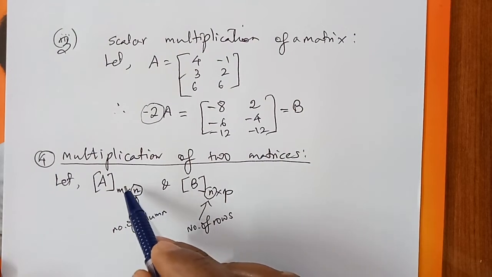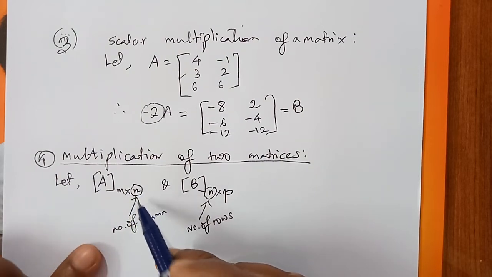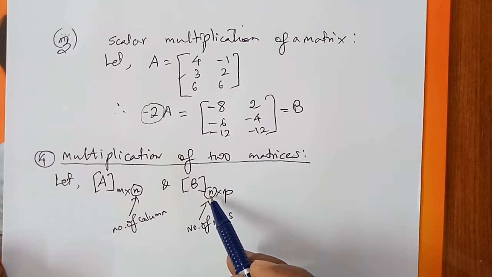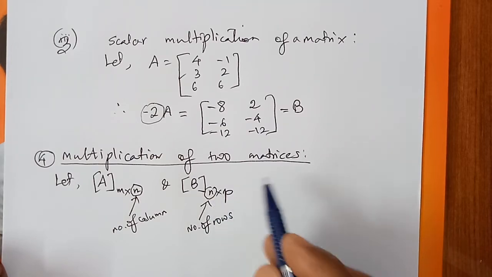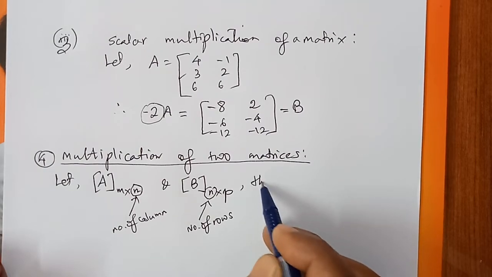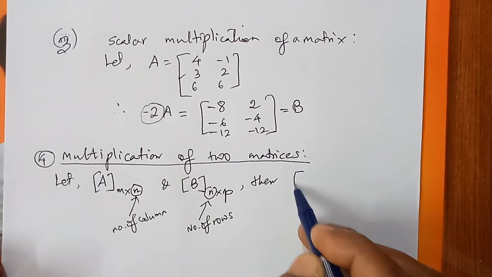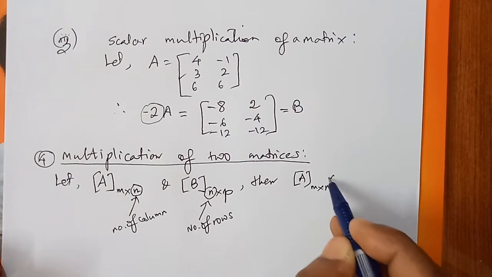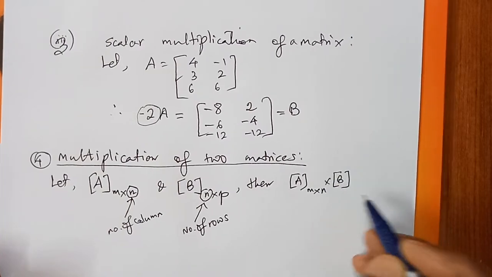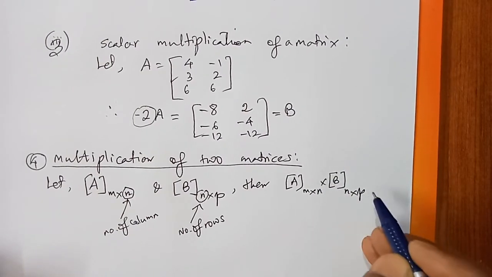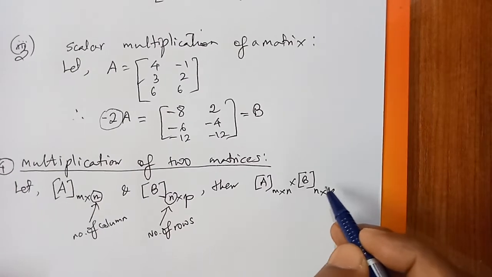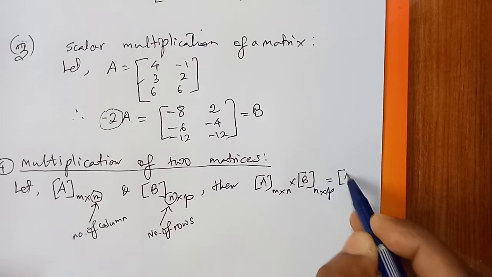So if the number of columns of one matrix is the same as the number of rows of the second matrix, then we can find the product. Then this product of the two matrices is possible, and the new matrix we can write.